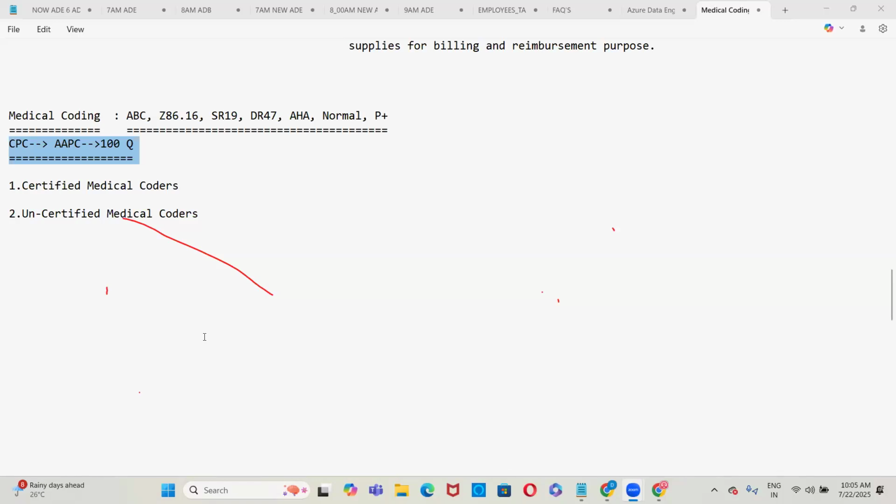Of course, DurgaSoft is going to give you one because it's ISO certified, but that is not going to help you much in getting a job. You have to write the CPC examination and take the certification from the AAPC. That will help you more in getting a job. So that's it, guys, for the day.